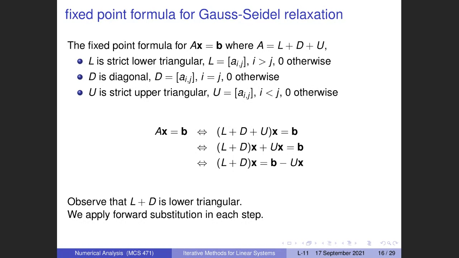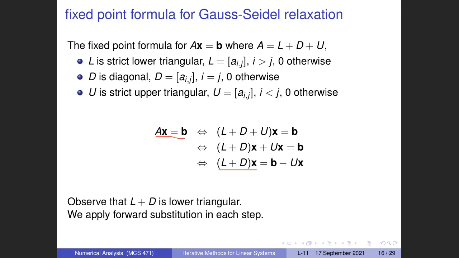So we have a different fixed point formula. What we did with the first iterative method, we reduced our problem to a diagonal matrix. Here we reduce our problem to solving a lower triangular system, which is something that we can do already.